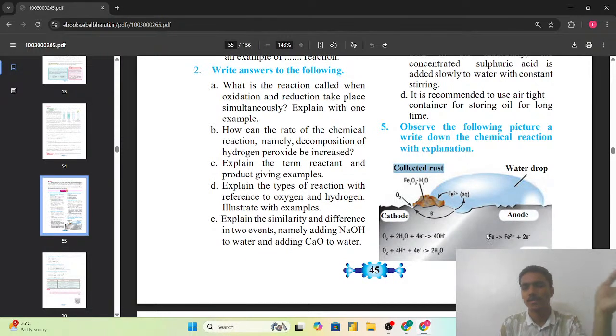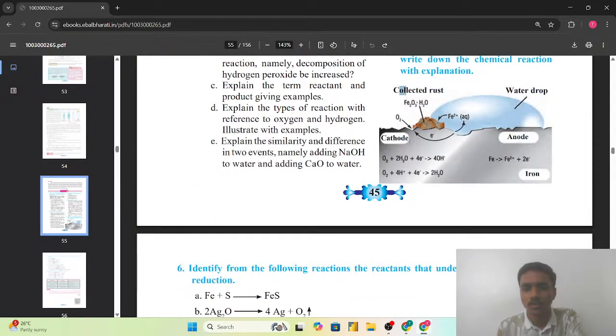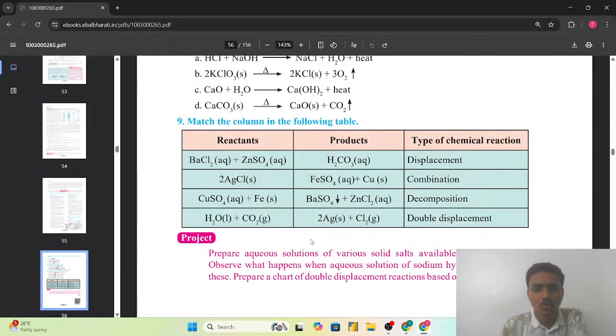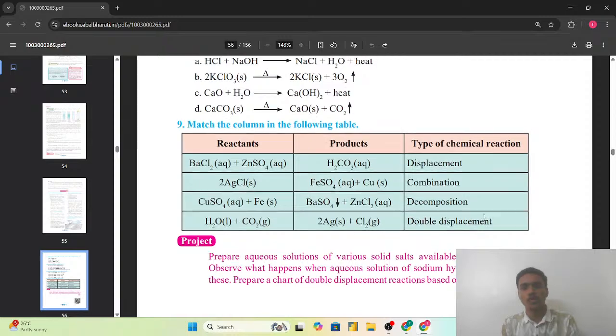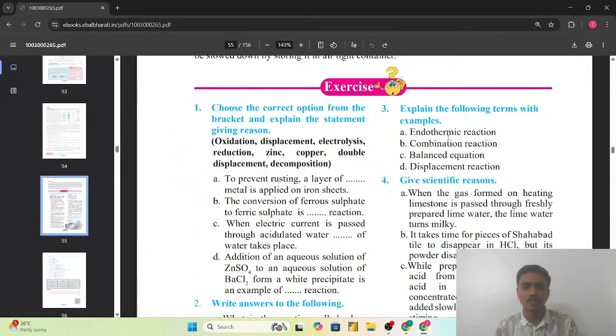Try to understand, as we have seen, the ion Fe2+ giving 2 electrons, forming Fe2O3 dot H2O molecule, that is, rust is formed. Basically this is asked in the activity part in the exam, in the complete the following activity. So try to find out the answers to these questions also. These are all questions which you can answer with all the theory I have explained earlier.